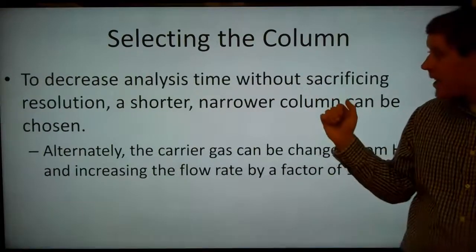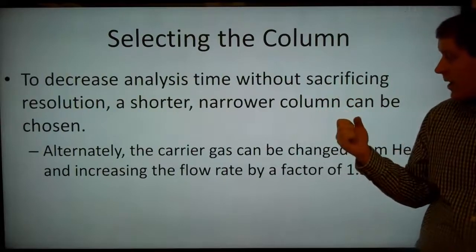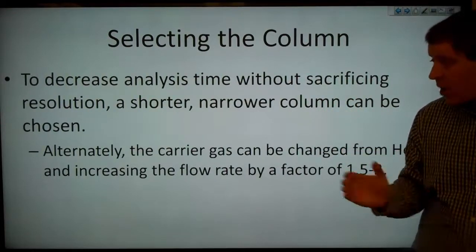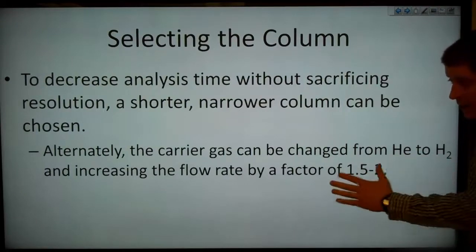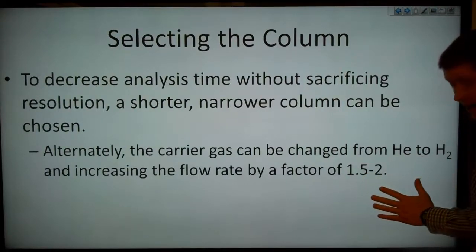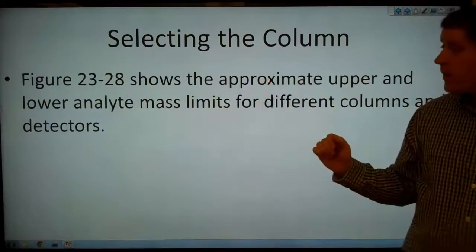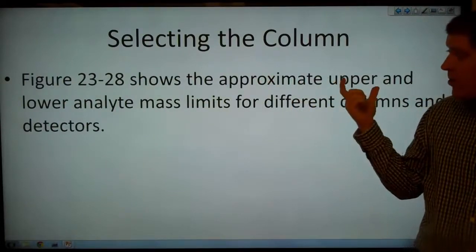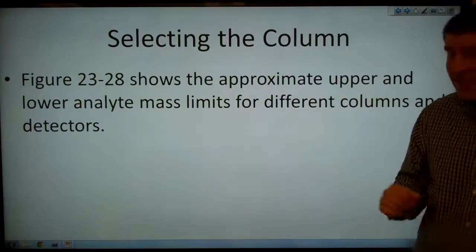To decrease the analysis time without sacrificing resolution, a shorter, narrower column can be chosen. Alternately, the carrier gas can be changed from helium to hydrogen and increasing the flow rate by a factor of 1.5 to 2.